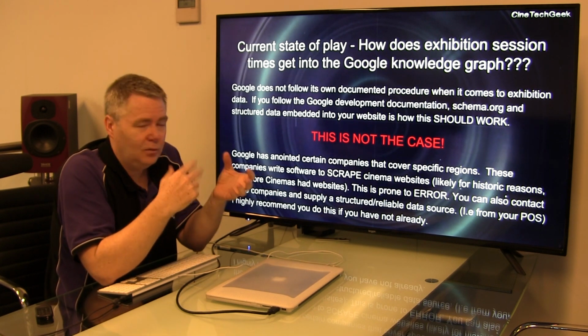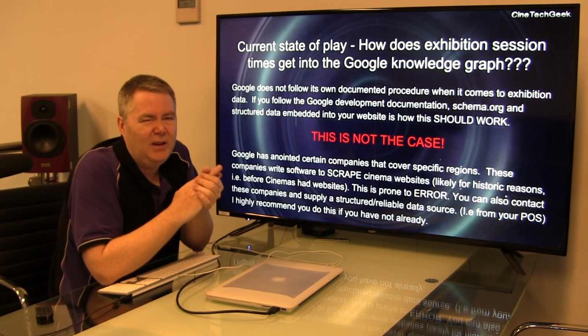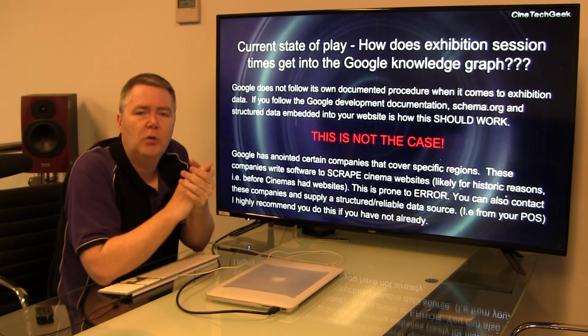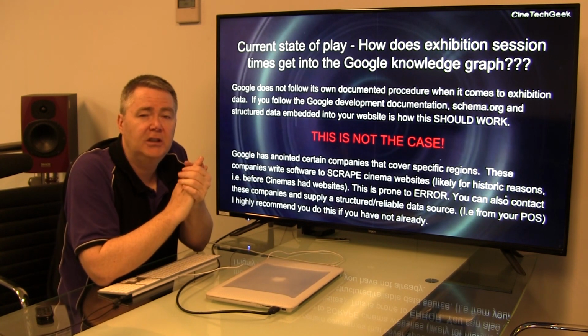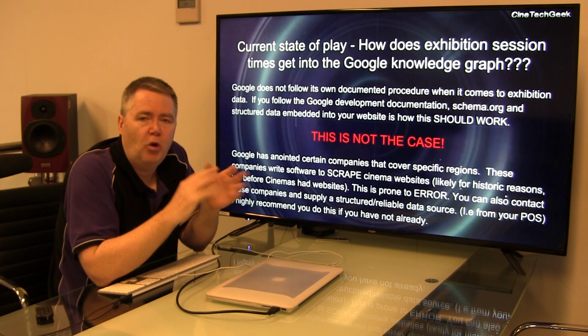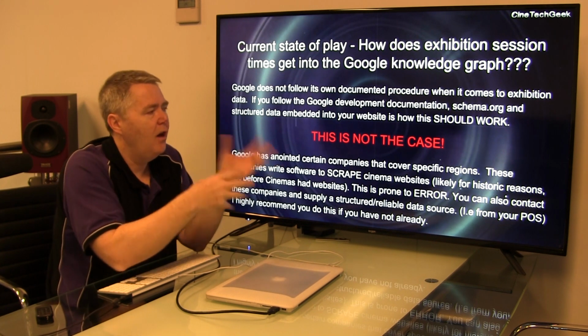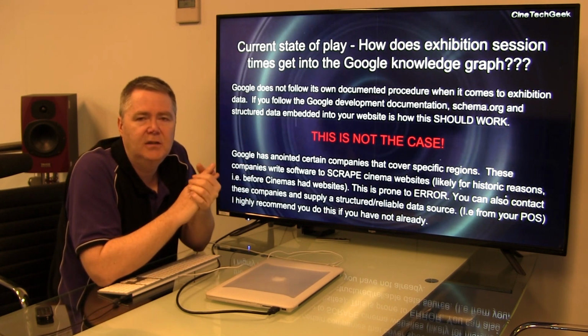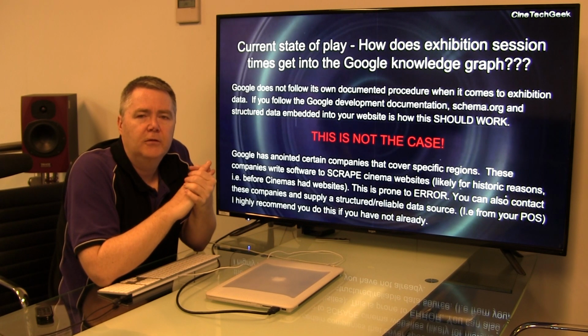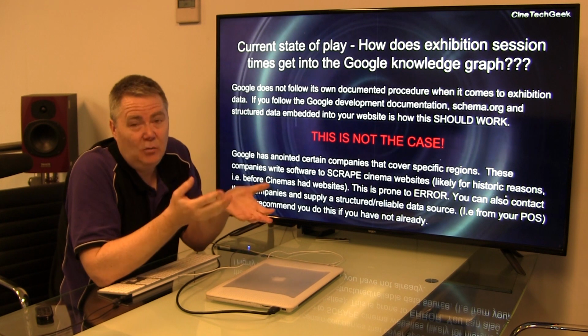Well, if you read the documentation, you expect that's probably what's supposed to be happening with cinema times too. They'd be taking it from your websites, and the websites would be generating structured data to be read. That's not what happens. I spent like 2 or 3 months writing a WordPress plugin specifically around these suggested documentations, and I got it all working, and I jumped up and down for quite a while before someone bothered to tell me, actually, Guy, it doesn't work that way.